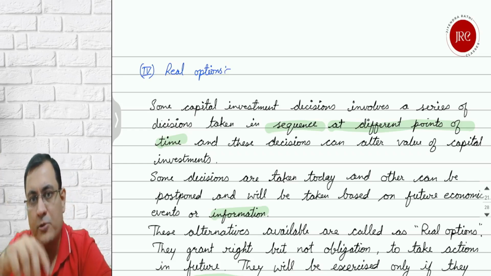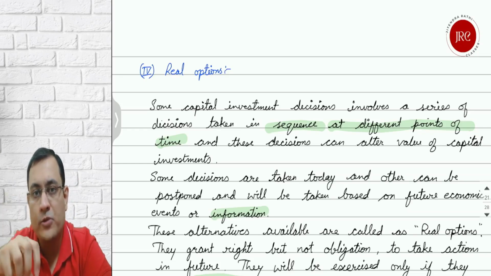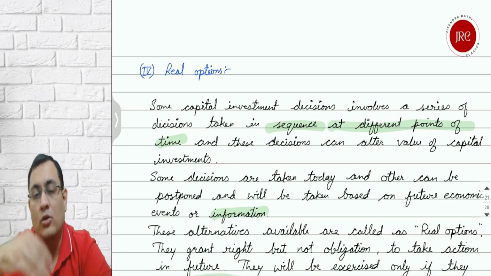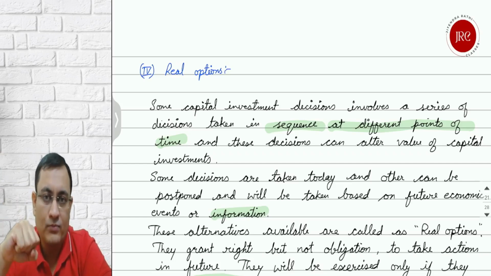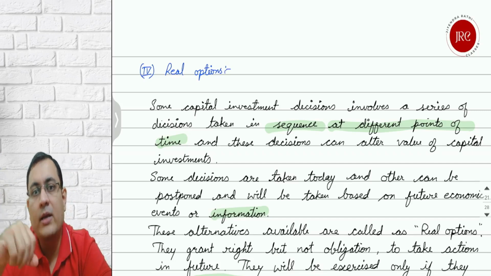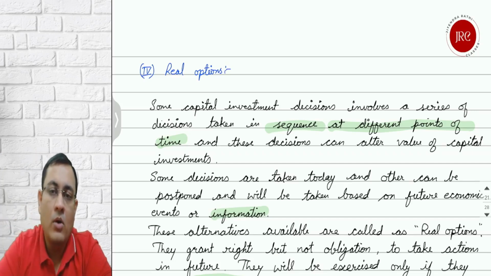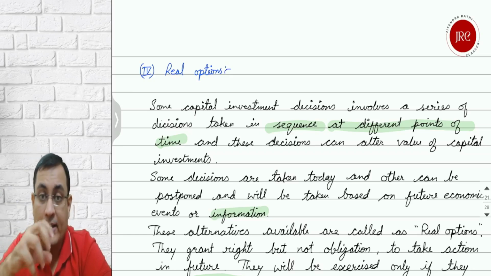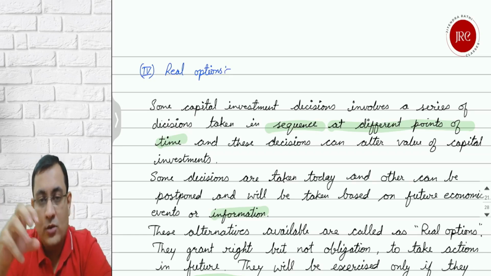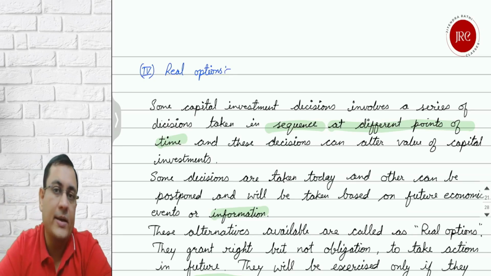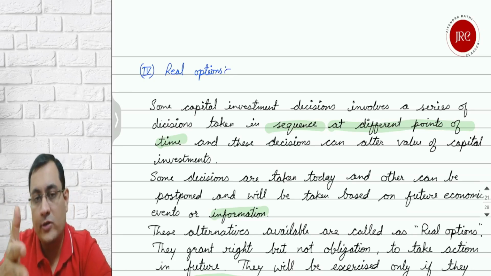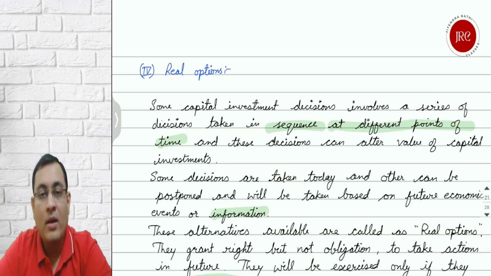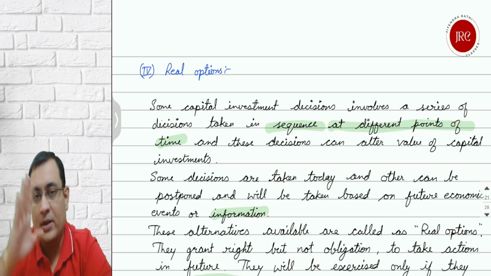So here the option holder will have some option to continue, to expand, to abandon, or to delay the project, your investment in plant, machinery or factory, or launching a new product, or getting into a new geography. So these types of options are called real options, where you get a choice, an option to do or not to do investments in the capital projects.